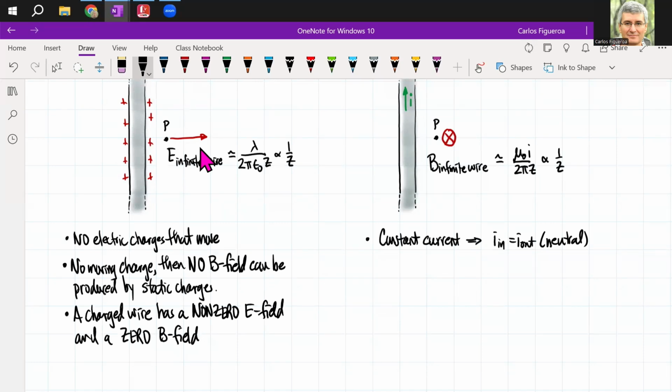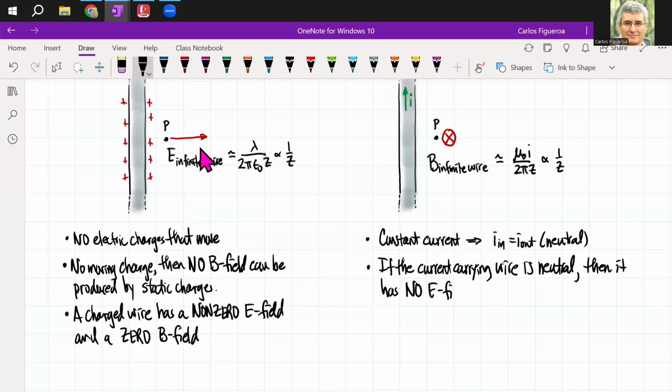Now I can do the same thing here. So in this situation, if the current carrying wire is neutral, then it has no electric field.